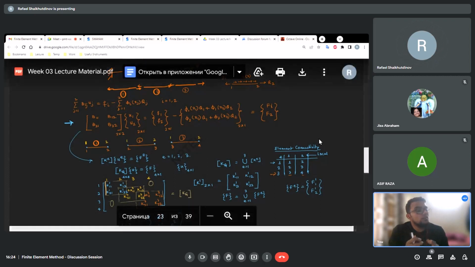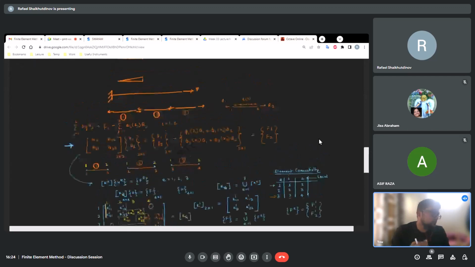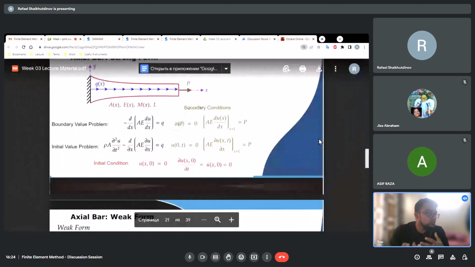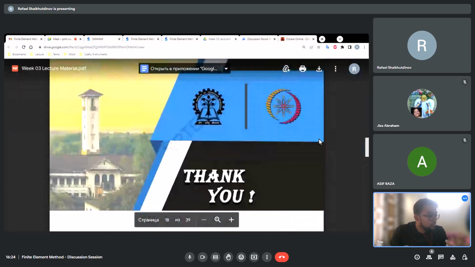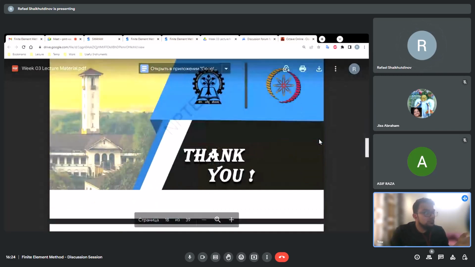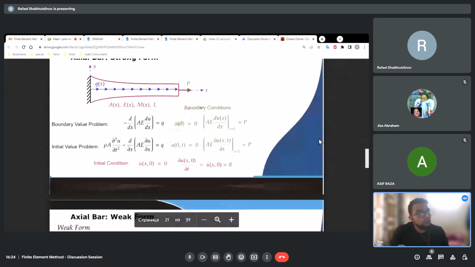So, first things first, the Galerkin method depends on the choice. First, we choose the weight function. How we choose our weight function is our most important criterion, and then we choose the shape function. Shape functions depend on what kind of approximation we want to take.